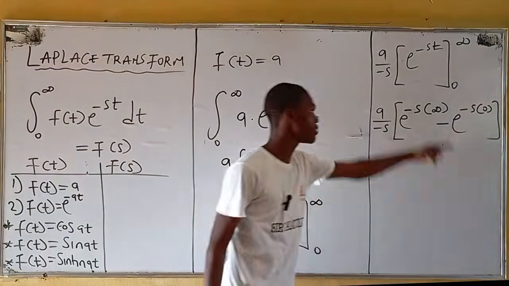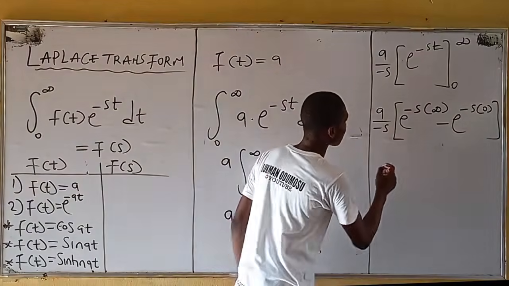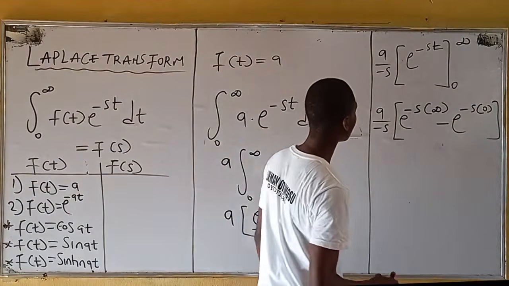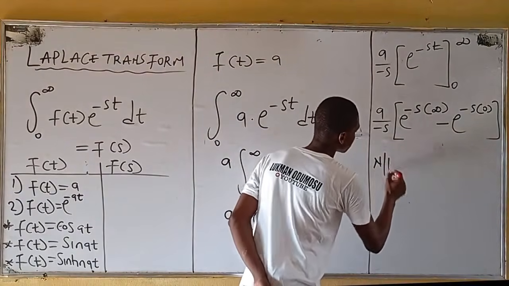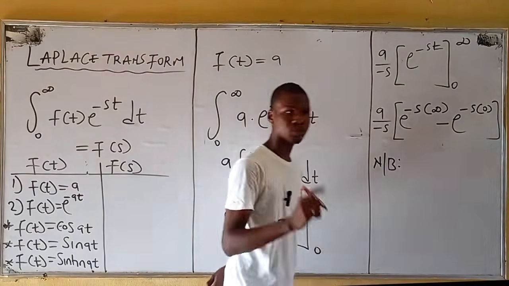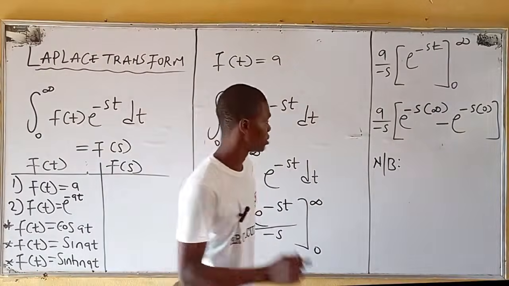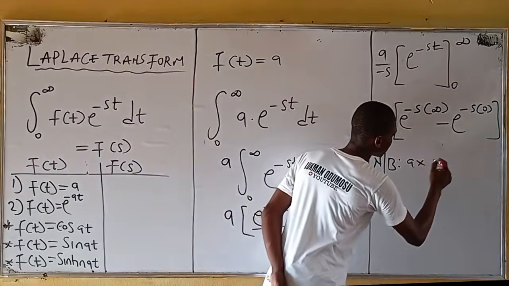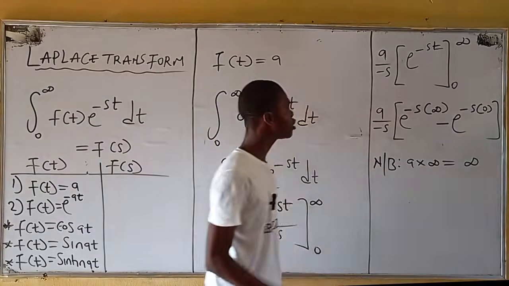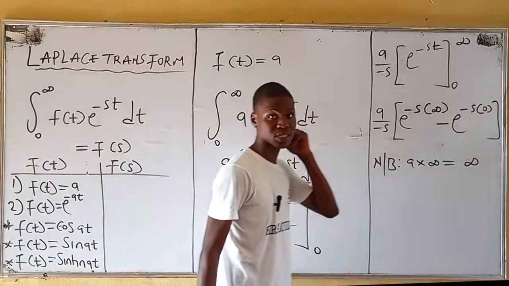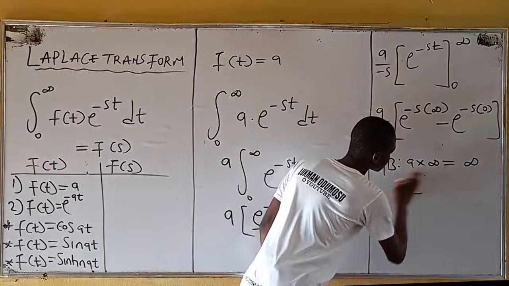So this is the definite integral. Note this: any number multiplied by infinity is infinity. A multiplied by infinity is infinity.